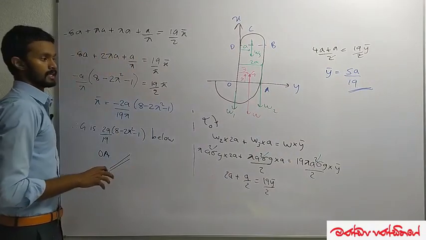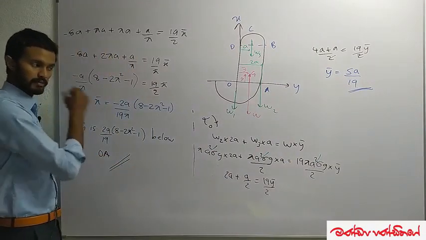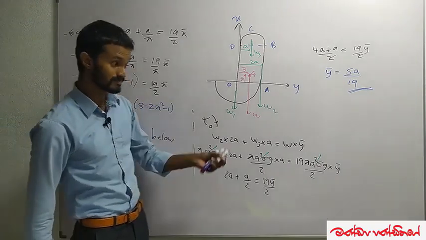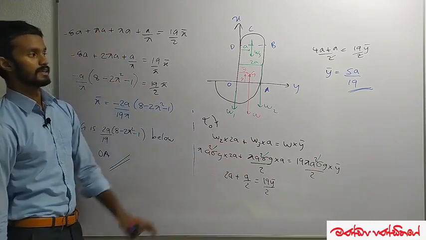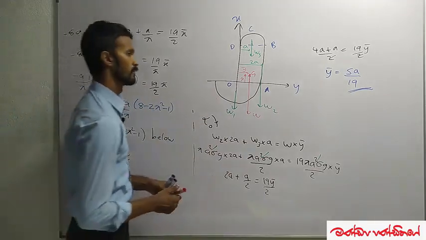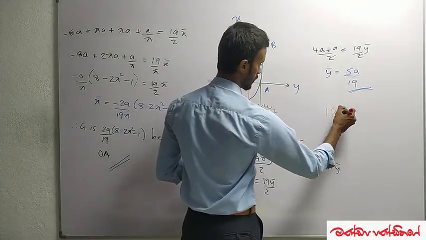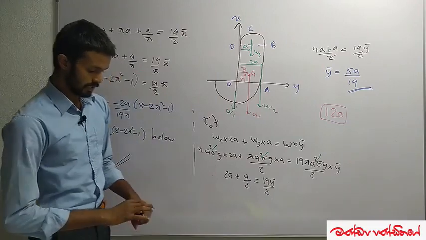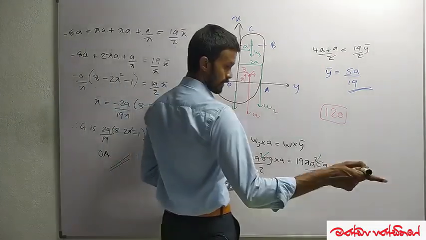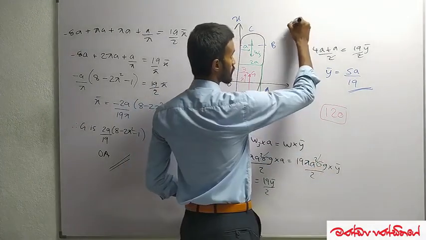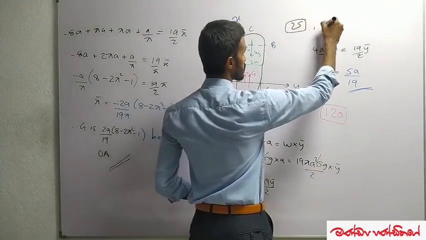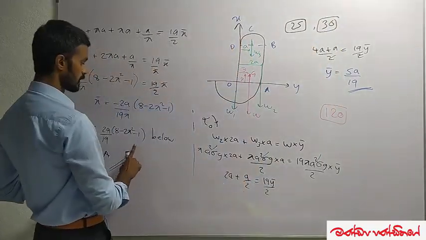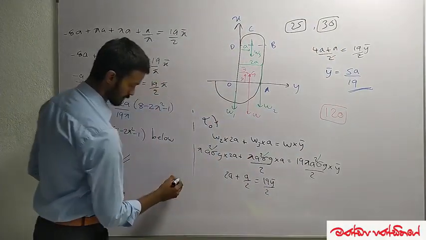So I hope this is clear. After this we have the equilibrium part, and I'll be completing the whole question. But what I want to specifically tell you is that even if you stop this question at this point, you have already got 120 marks out of 150, because for the proof of the basic two objects, the semicircular wire you got 25, the hemispherical shell you got 30, which means 55, and for getting X bar and Y bar, they have given us 65 marks.